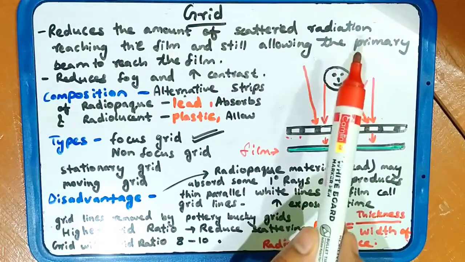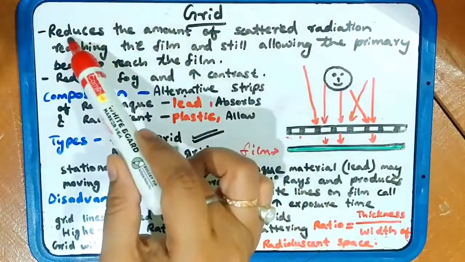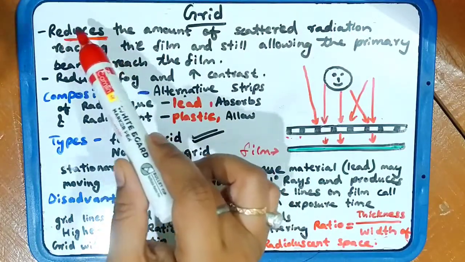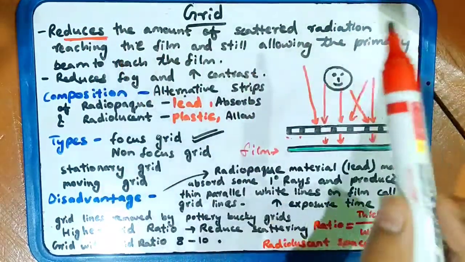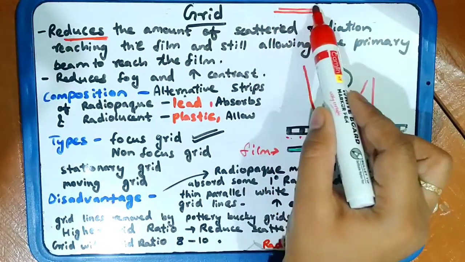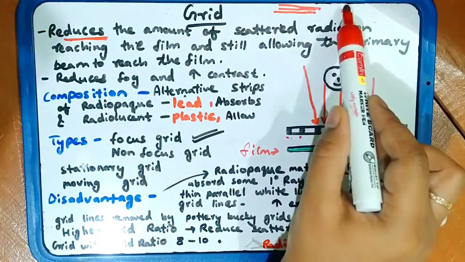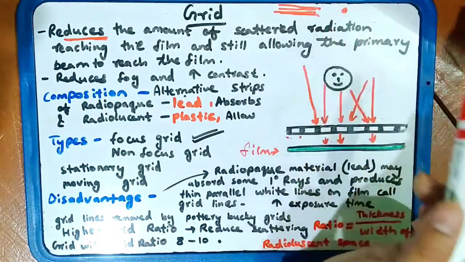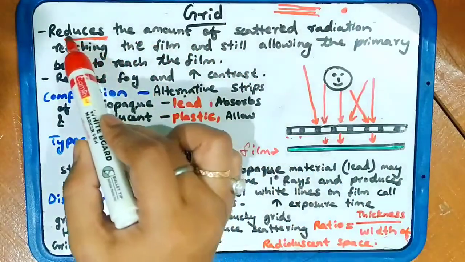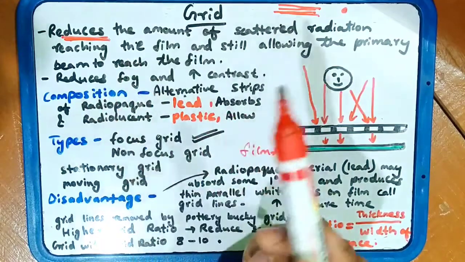In a collimator, the radiation was not reducing. In a collimator, the radiation was getting in a linear manner where you want to target your X-rays. Here, the radiation is reducing. So don't confuse collimator and grid.